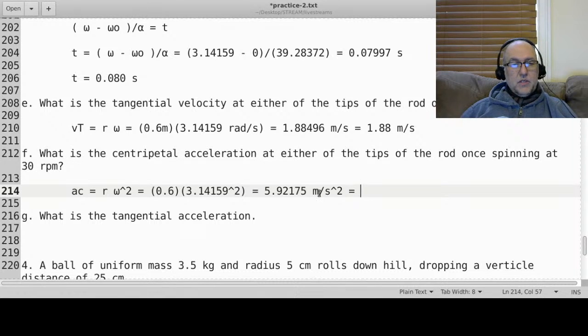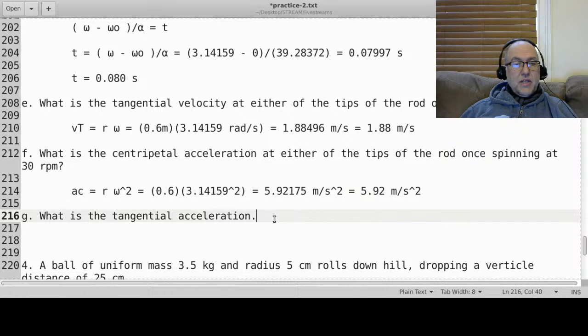And rounding off, we could just write it like this. So that's a little bit more than half a G, right? Because a G is 9.8, and half of that would be like 5. So this is a little bit more than half a G. If something were on the end of this thing, it would feel like the centripetal acceleration is giving it half of its weight.